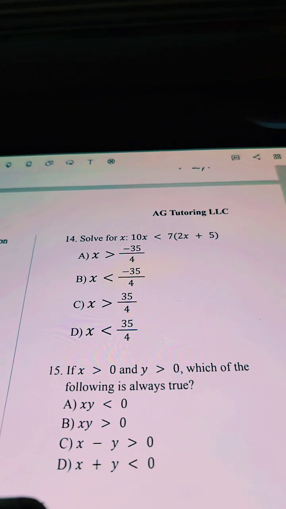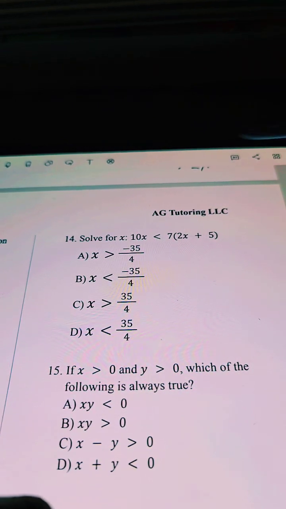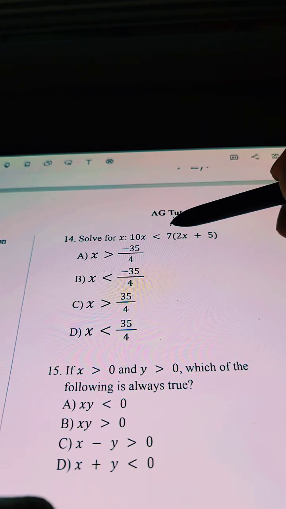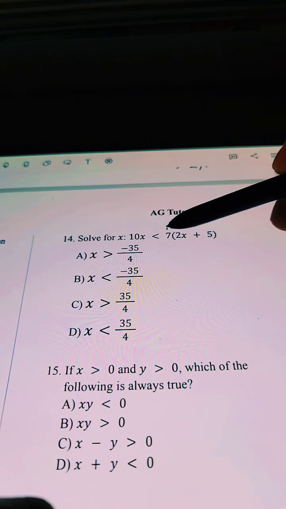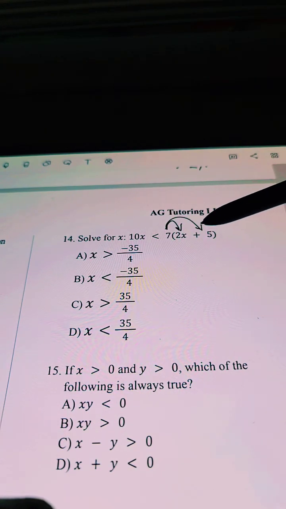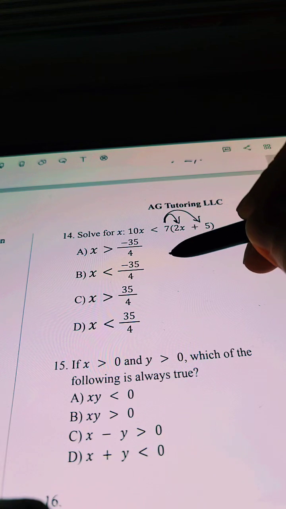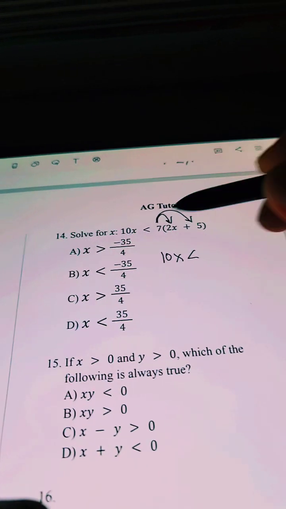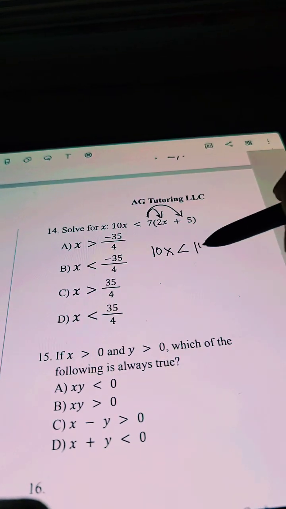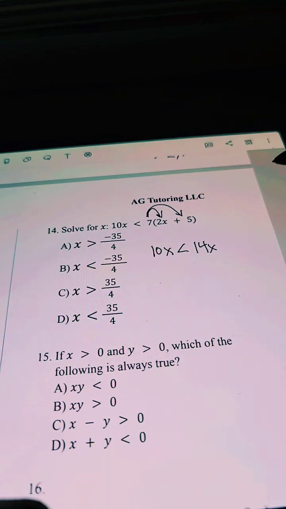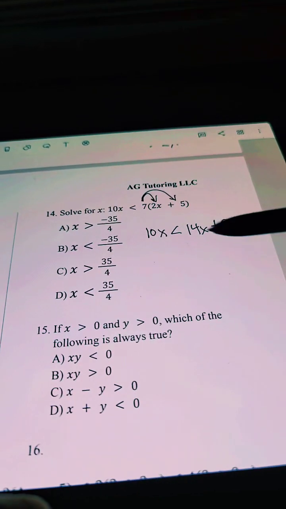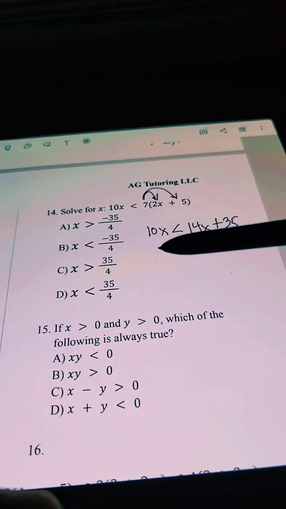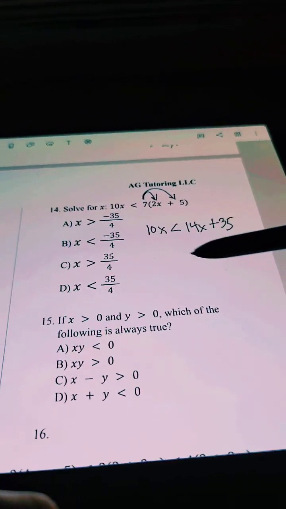But actually, let's go to number 14. We're going to solve for x. So we're going to distribute the 7 to each of these terms. So then it's going to be 10x, we just copy over. 7 times 2x is going to be 14x. And then 7 times 5 is going to be 35. Now let's get our x's together by subtracting 14x from each side.